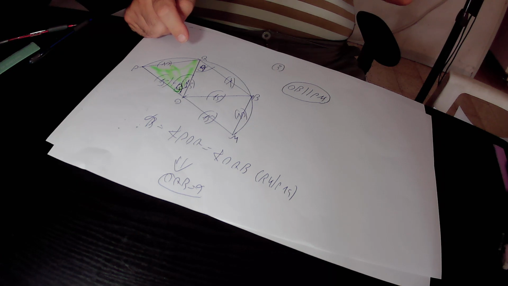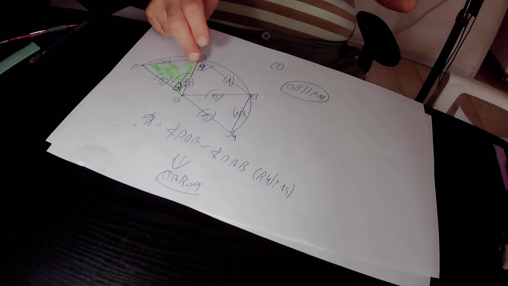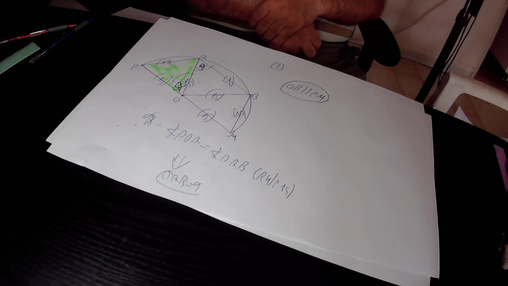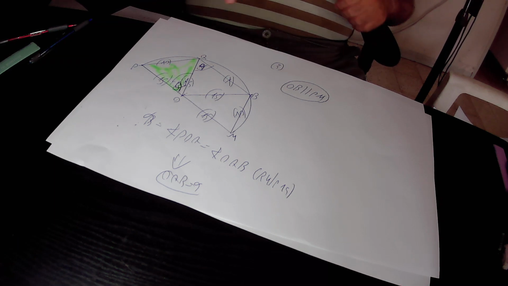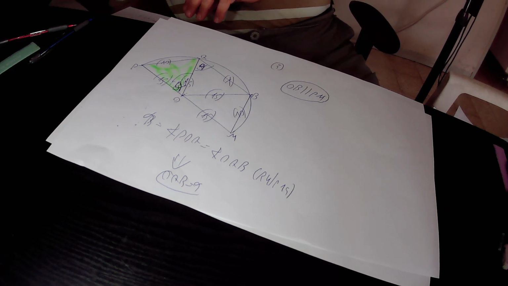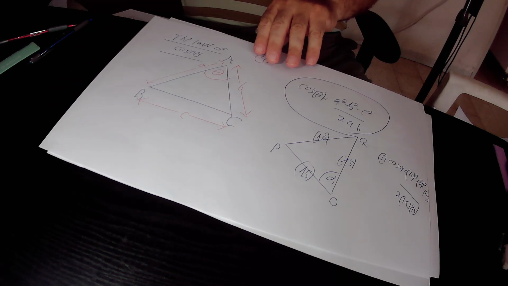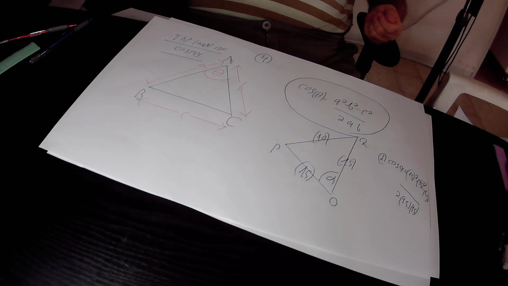In the next step, I copied the green triangle PQO in a new page and implemented the law of cosines in this green triangle PQO. So I click quickly on the law of cosines. The law of cosines is true in any triangle. This is triangle ABC that could be any triangle.